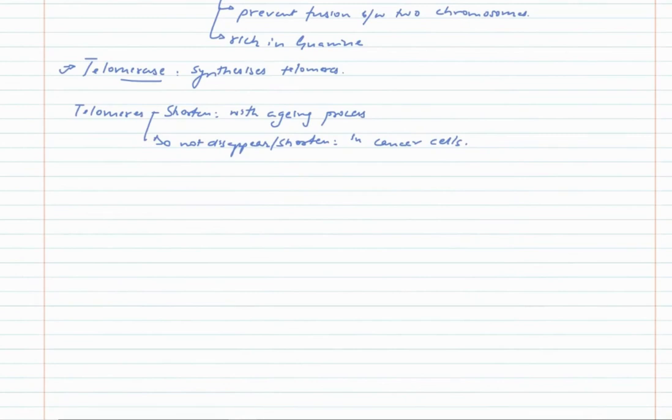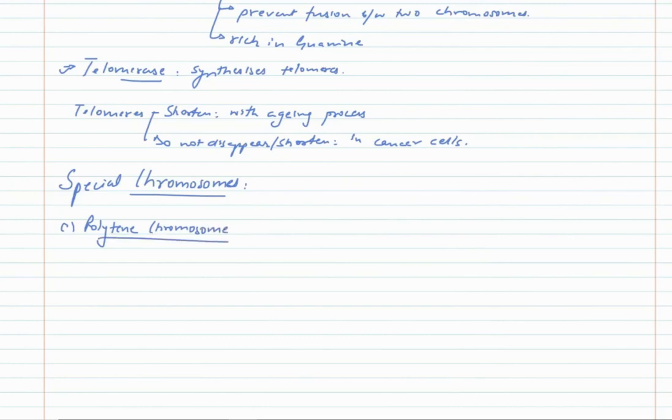Now, there are certain special types of chromosomes. First is known as a polytene chromosome. A polytene chromosome, it is referred to as polytene because number of chromatids are very high.